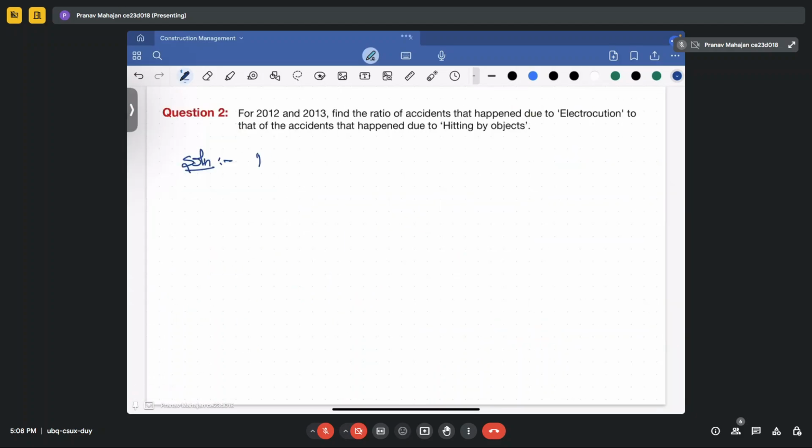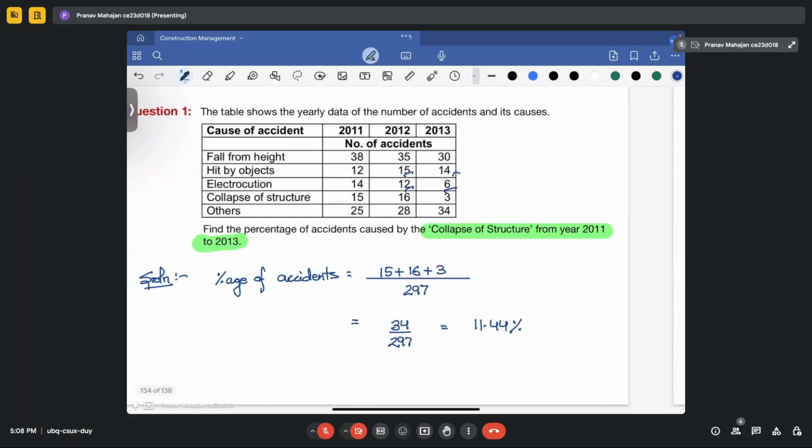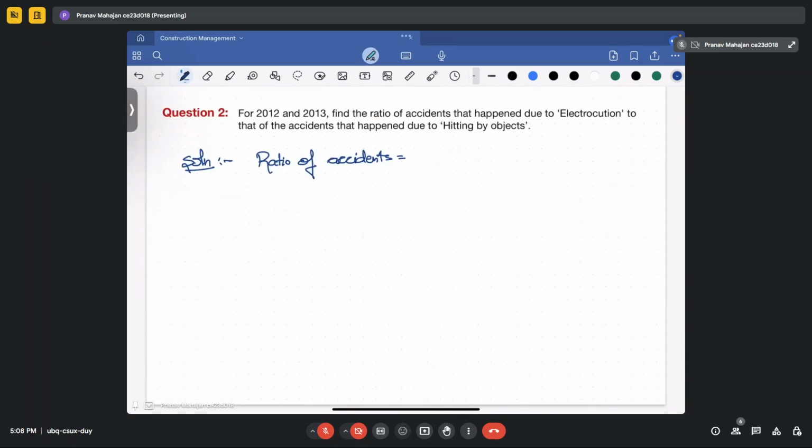So the ratio of accidents will be 12 plus 6 divided by 15 plus 14, which equals 18 upon 29, and that is equal to 0.62.